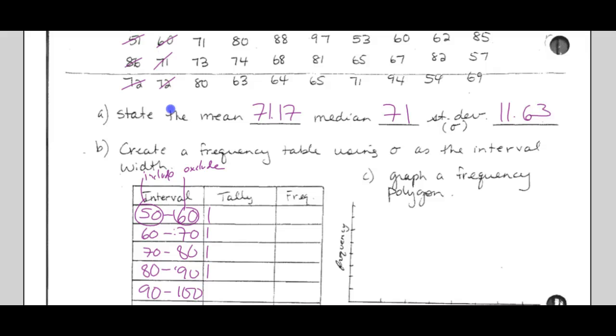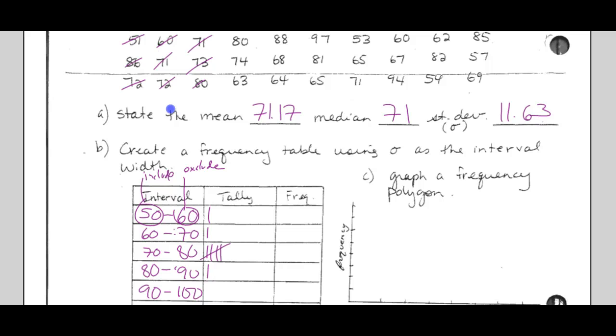71, 72, 71, 73. So when you've got 4, then you put a stroke through to indicate the 5th. Okay, just make sure that's how we do it. Tally is usually 1, 2, 3, 4, and then a stroke for 5.